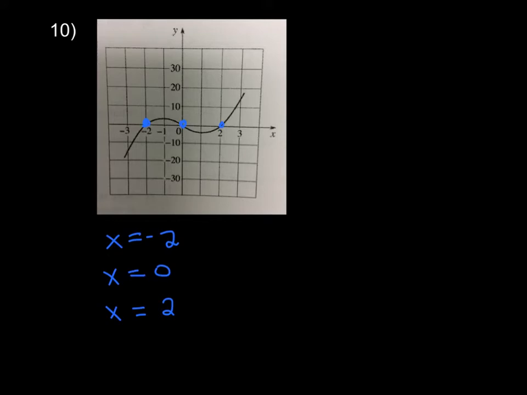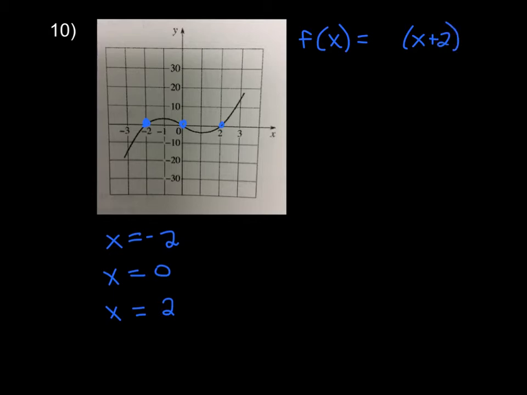All right, so let's call our equation f of x. Okay, and remember, if we have a 0 at x equals -2, the factor that goes along with that would be x plus 2. So I'm going to set this equal, and our first factor is going to be x plus 2.